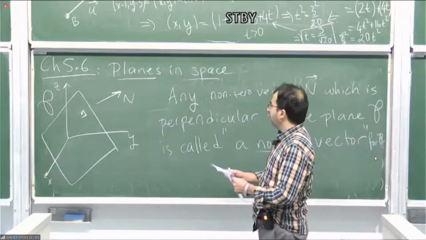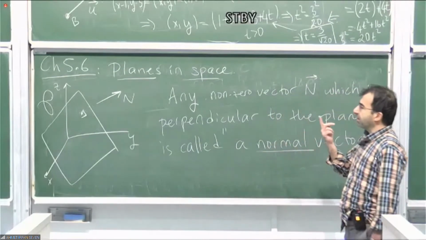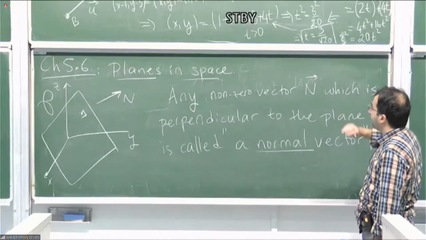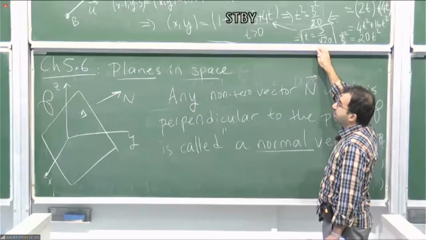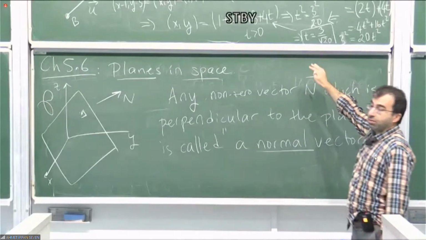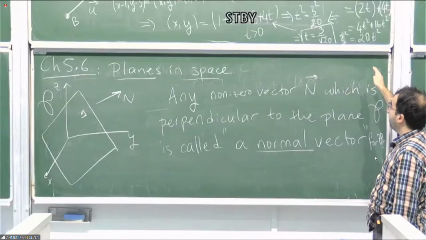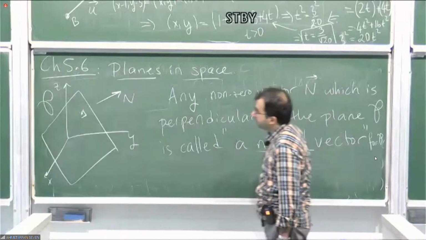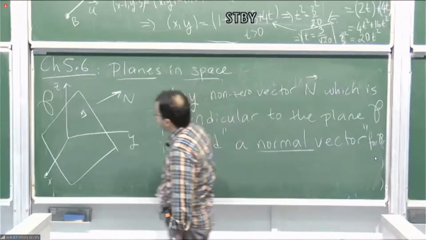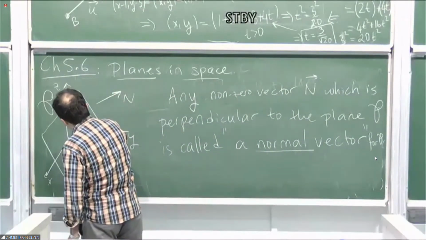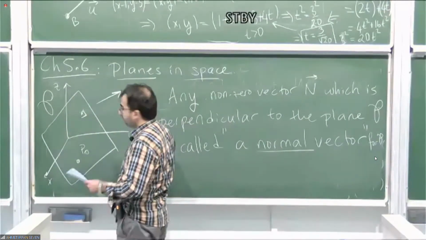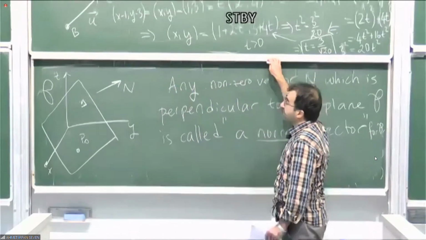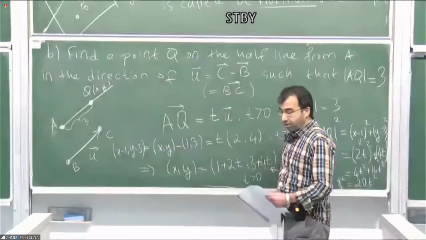By the way, there is not only one normal vector, there are infinitely many, right? Just like we did not have a single direction vector for a line, we do not have a single normal vector, but many normal vectors. All right, let's now suppose that we know a point P0 on the plane. Using this, we can write an equation for this plane.